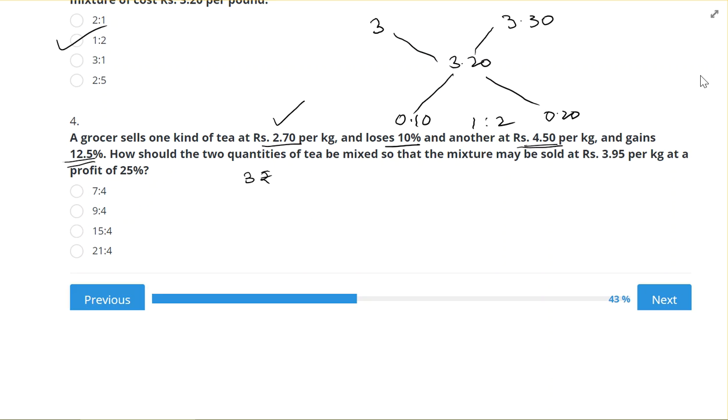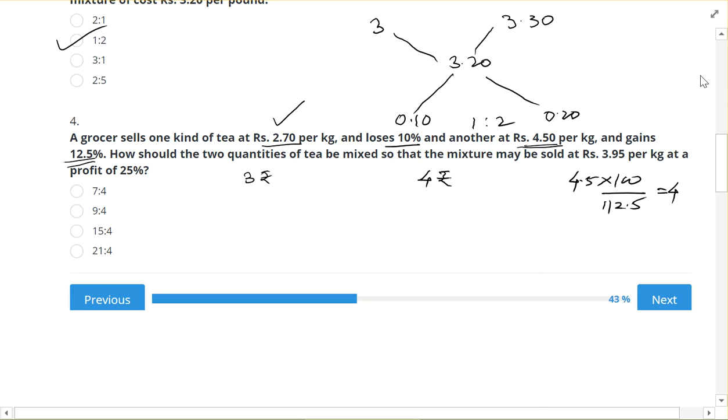So we can do 4.5 into 100 upon 112.5, so it is 4. So the second one is 4 rupees per kg, the cost price.